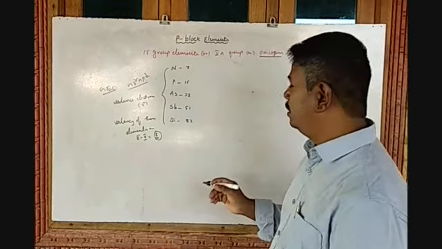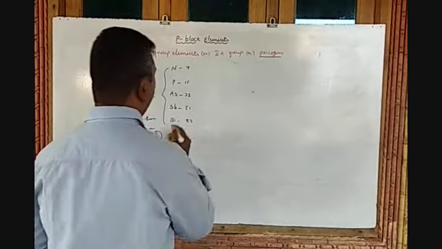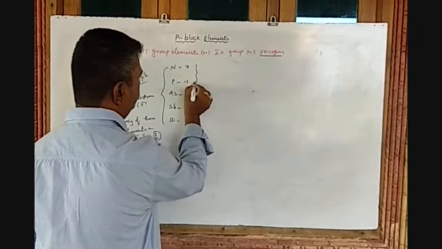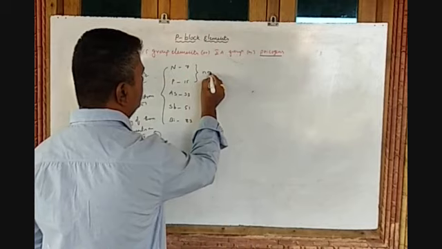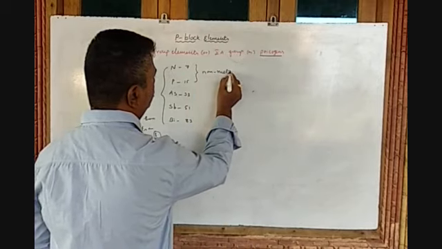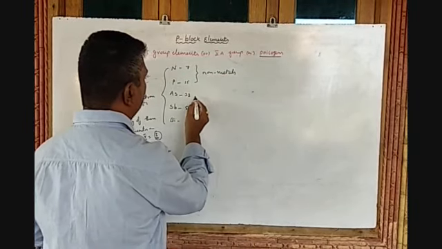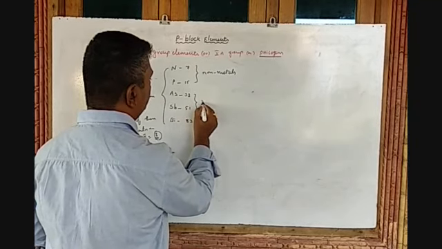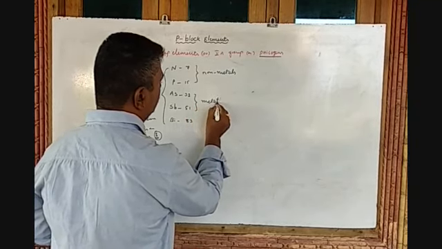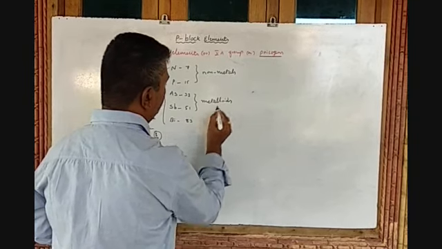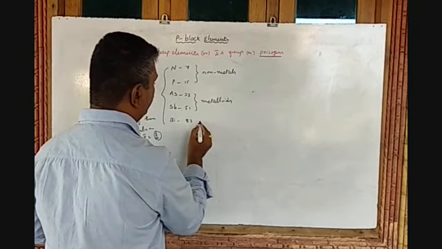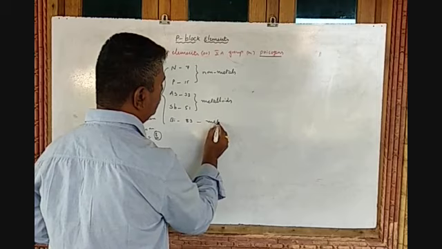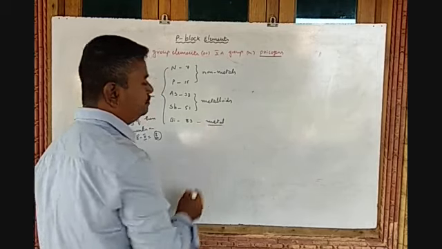Now out of these elements, nitrogen and phosphorus are non-metals. Arsenic and antimony are metalloids, and bismuth is a metal.